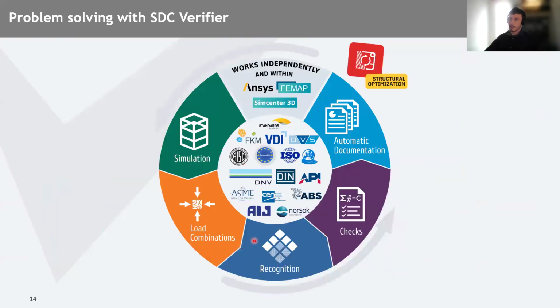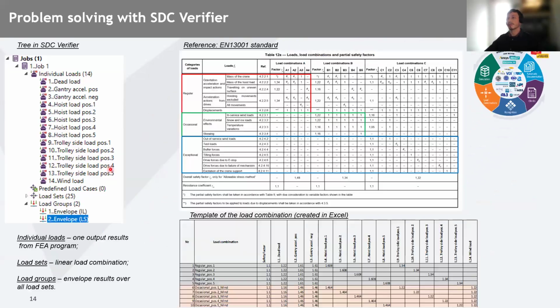Going back to our diagram, after our simulation, the model is done, and we have to prepare load combinations. How we approach it in SDC is that we divide the load combinations into basically three different steps. First we create the individual loads, which are combinations of individual loads and constraints.